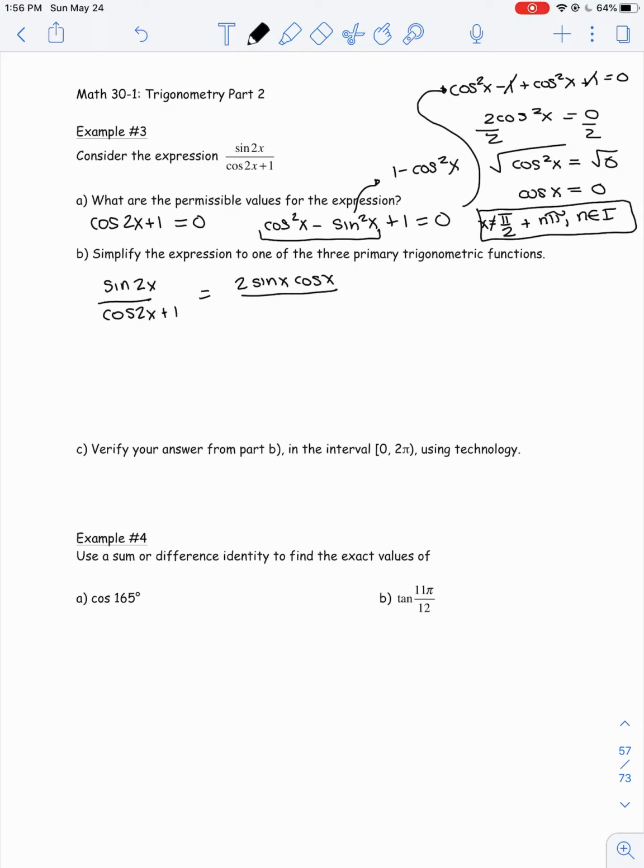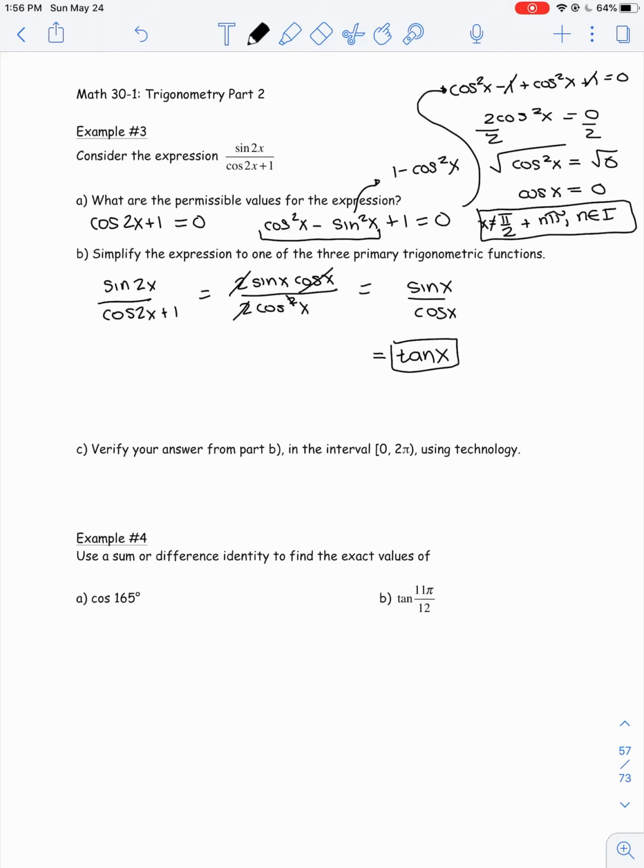And then we already found that cos 2x plus 1 was the same as saying just 2 cos squared x. So we can simplify this by crossing off the 2's and crossing off one set of coses at the top and bottom, which leaves us with sine x over cos x, and that's equal to tan x. So there's our primary trig ratio that we can get out of it.